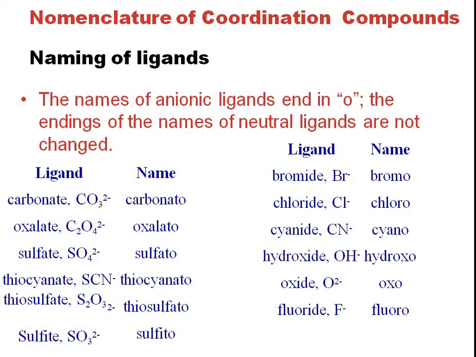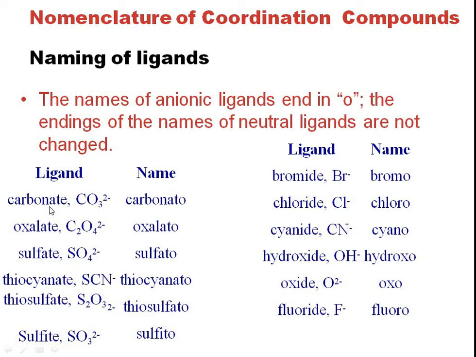Naming of ligands. There are 3 types of ligands. Names of anionic ligands end in O, and the endings of names of neutral ligands are not changed. For example, CO3 2-, that is a carbonate.